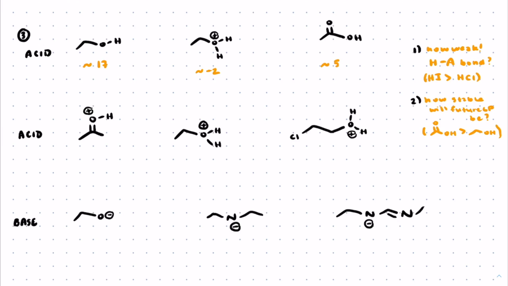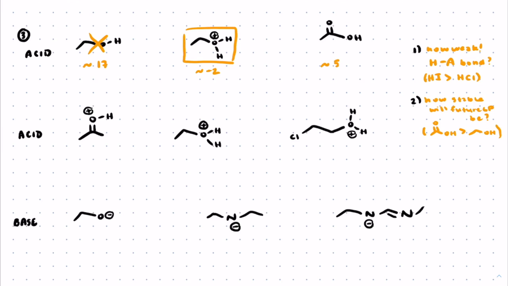You are making it a better place for that lone pair to live. But you can still see that if you were going to compare just the alcohol with the carboxylic acid, it's still a substantial drop between those two. So the most acidic here is our H3O plus, or analogous to H3O plus, and our least acidic is just going to be our regular alcohol.